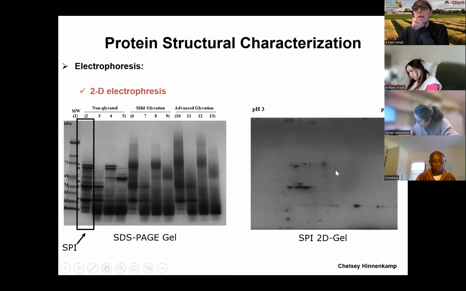So why is that important? Why did we do that? At that time, we wanted to see which of these proteins is immunoreactive. If I run an immunoassay on this, I won't be able to determine which of the proteins is immunoreactive. But here I have 1, 2, 3, 4, 5, potentially 6 different proteins.